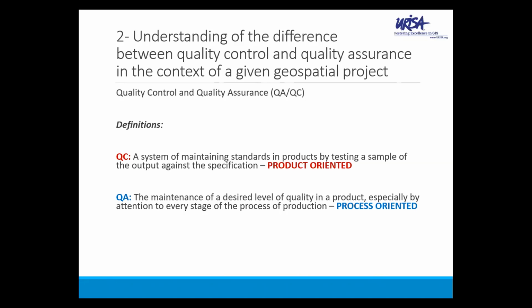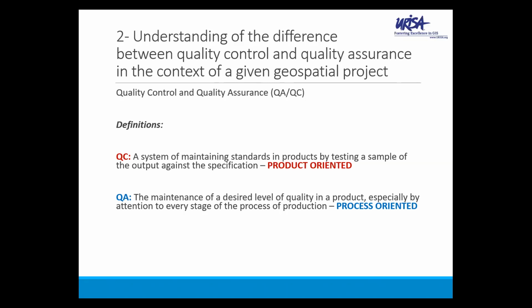Whereas quality assurance is more a process-oriented thing. It's how you go about collecting data, how you go about making sure that the product has been produced by a standard operating procedure that's acceptable for that particular product.